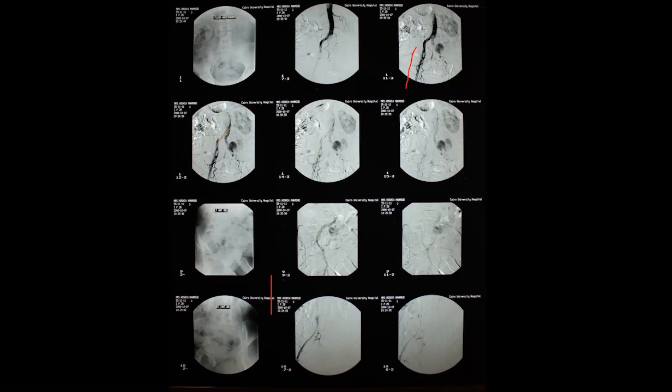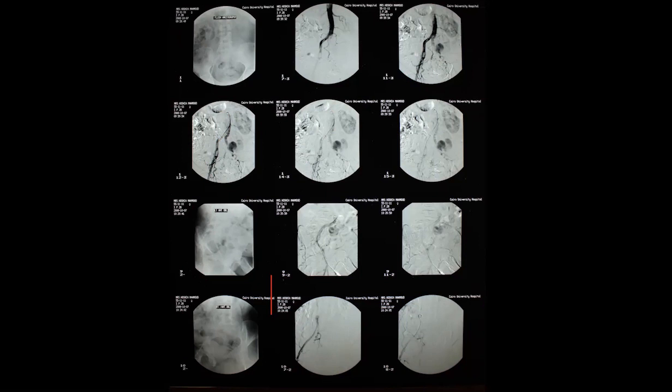Do you know what is going on with this patient? Here we can see a left external iliac aneurysm. You think it's external iliac? Just a second, doctor. I think it's common iliac, and I think it's at the bifurcation. You think it's common iliac?